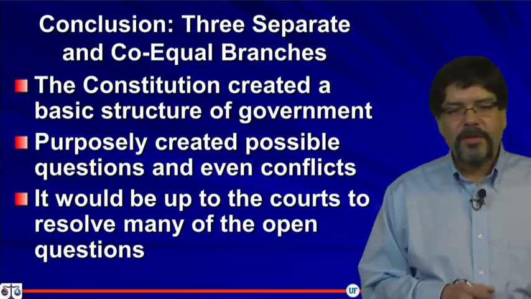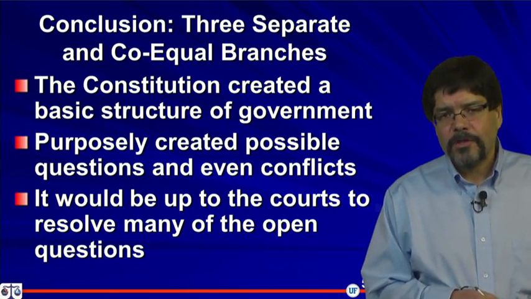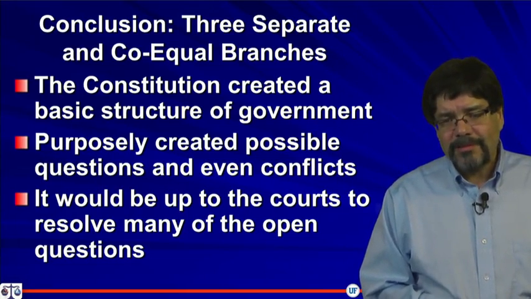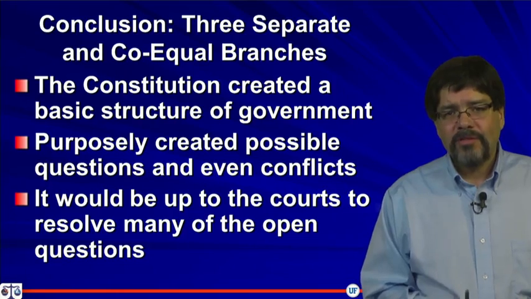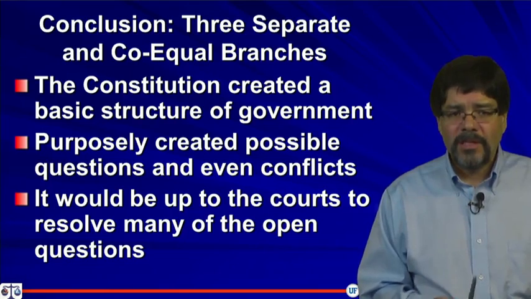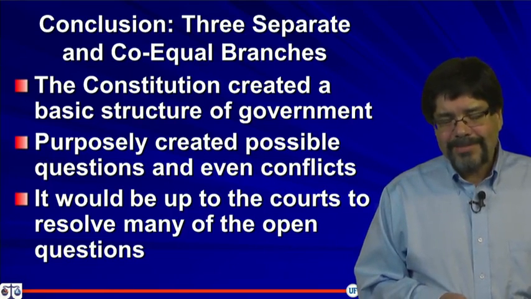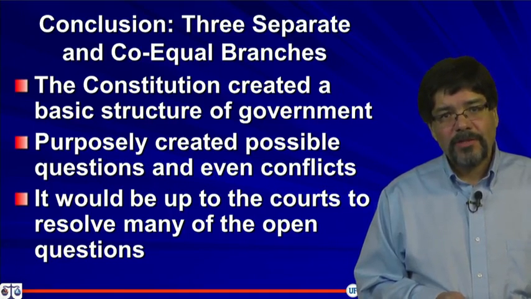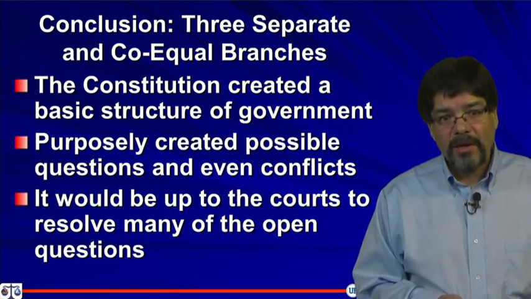To conclude this overview of the first 3 articles, the Constitution creates the basic structure of the American government. That is what those 3 articles about which I have been speaking do. But they purposely created possible areas of questions and areas of possible conflict.